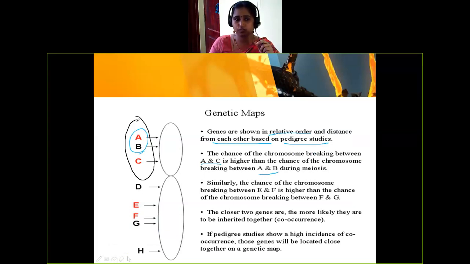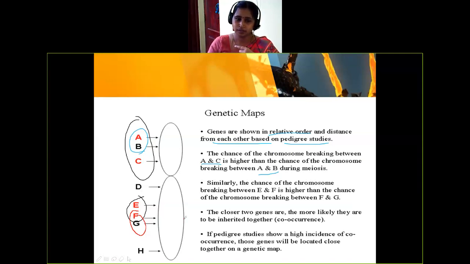A and B is closer. The chance of breaking between A and B is quite less compared to A and C, because A and C are far away. And E and F, if you see, are quite far. F and G are closer. Breaking between F and G is too low, and the breakage between G and E is quite more.